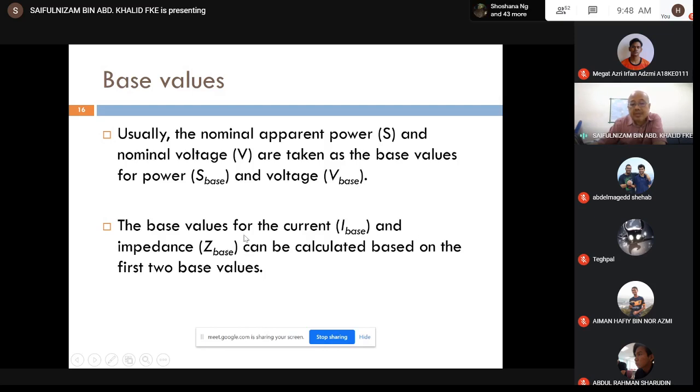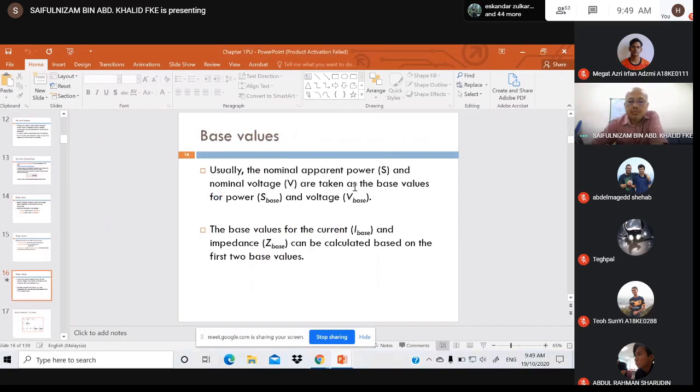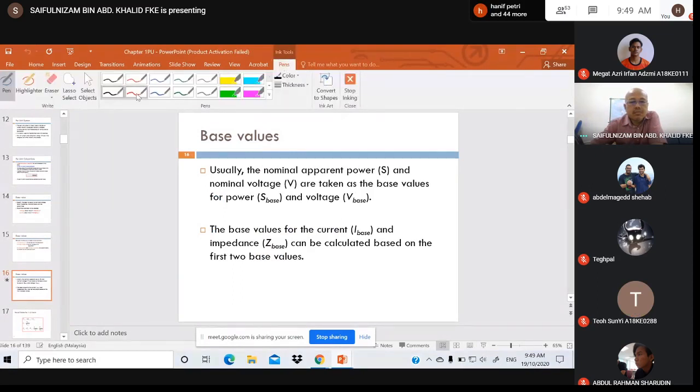So the impedance, how to determine the impedance? V over S. Impedance, V over I. You can try on your own.